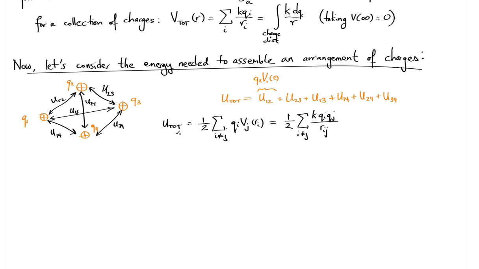And then we can write that as a sum where i is not equal to j, so you don't look at the interaction of Q1 with itself. We only look at the interaction between Q1 and the other charges in the system. And so if we looked at Q1, we had a Vj, which is Q1 times the potential set up by 2, the potential set up by 3, that's this U13 term, the potential set up by 4, which is this U14 term, okay?